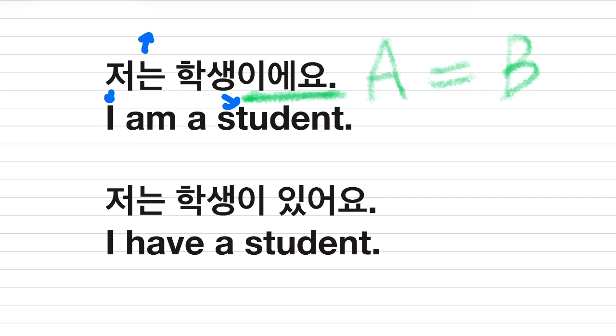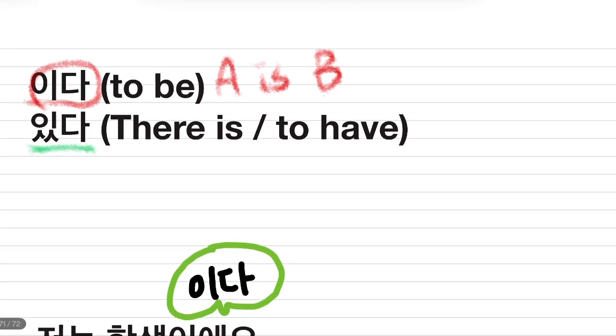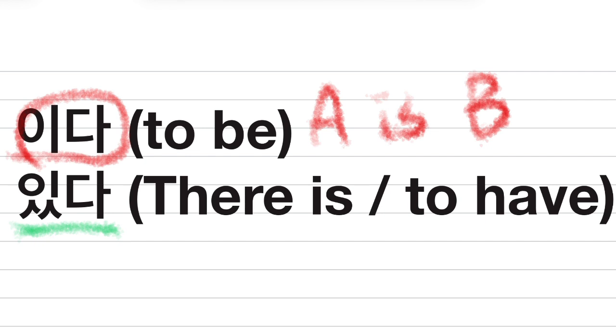What if I say 저는 학생이 있어요? What if I use the 있어요 form? Then that means it's a totally different meaning, like I have a student. So please remember 이다: who you are, like A is B. And 있다: what you have, like there is or to have, okay?